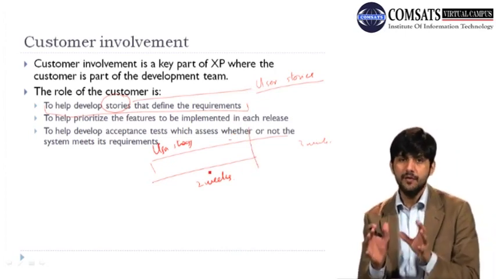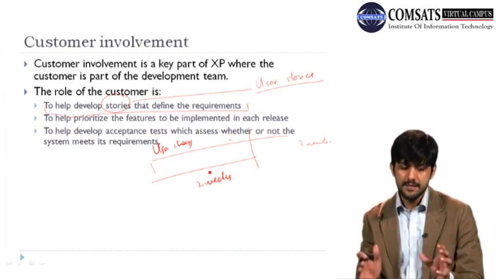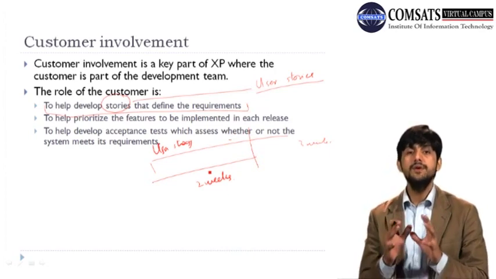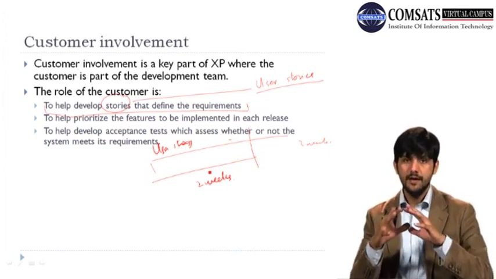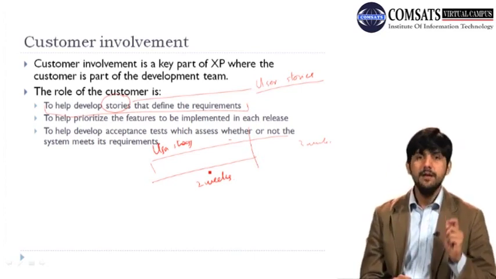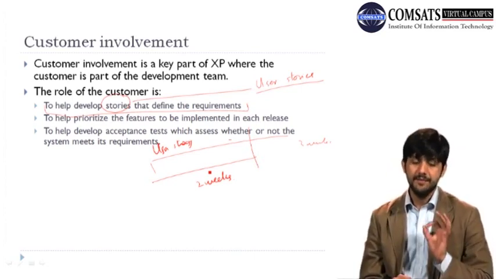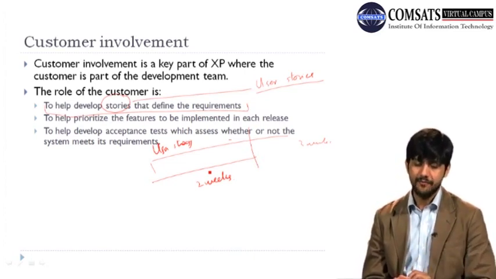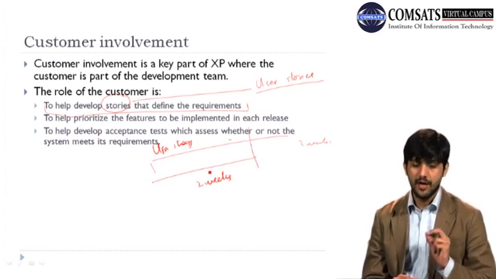You will select some of the features from these user stories, prioritize them, and only do those which you can finish within the 2 weeks time constraint that you have when following extreme programming. And the third involvement of the customer is to help develop the acceptance tests, which assess whether or not the system meets its requirements.